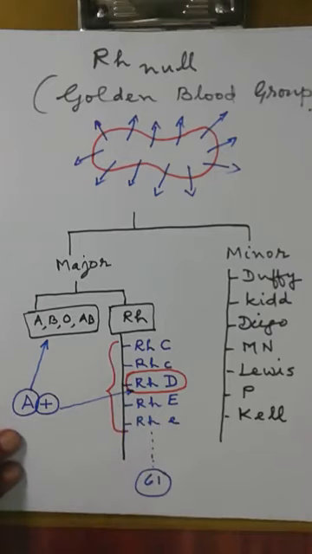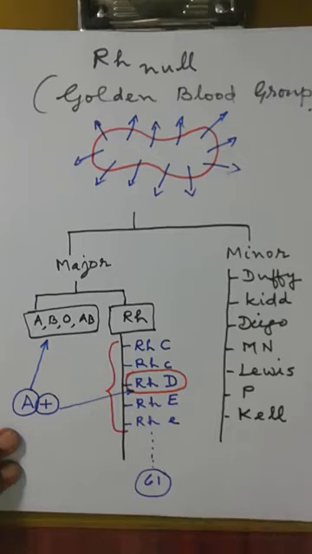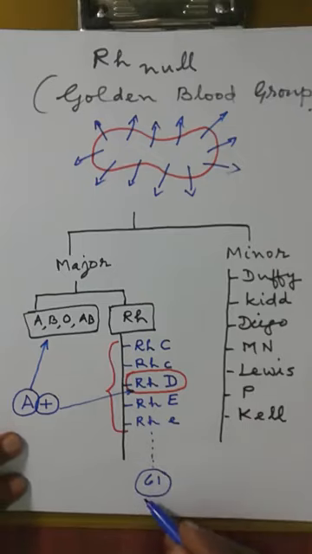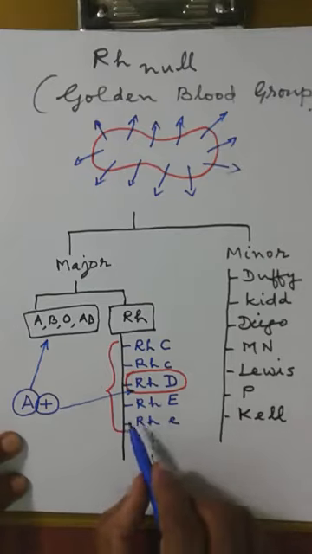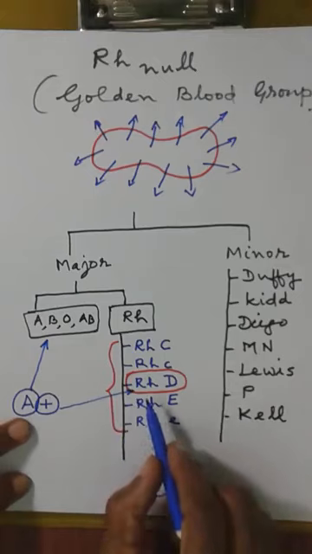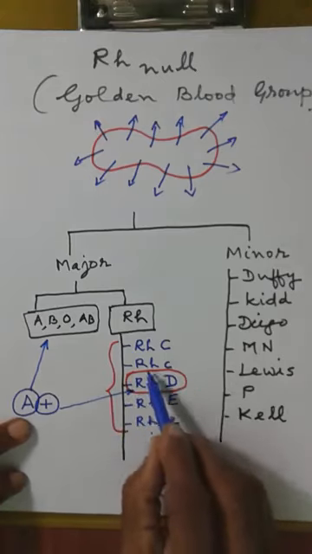Here we are not concerned with the other RH groups. There are totally 61. Out of that, 5 are important. Out of the 5, the most important is D antigen. Why is it important?